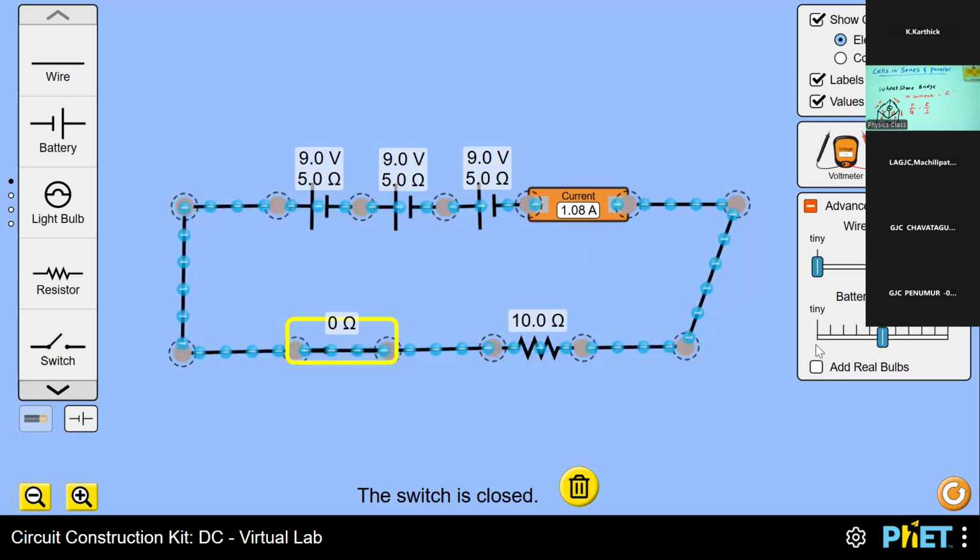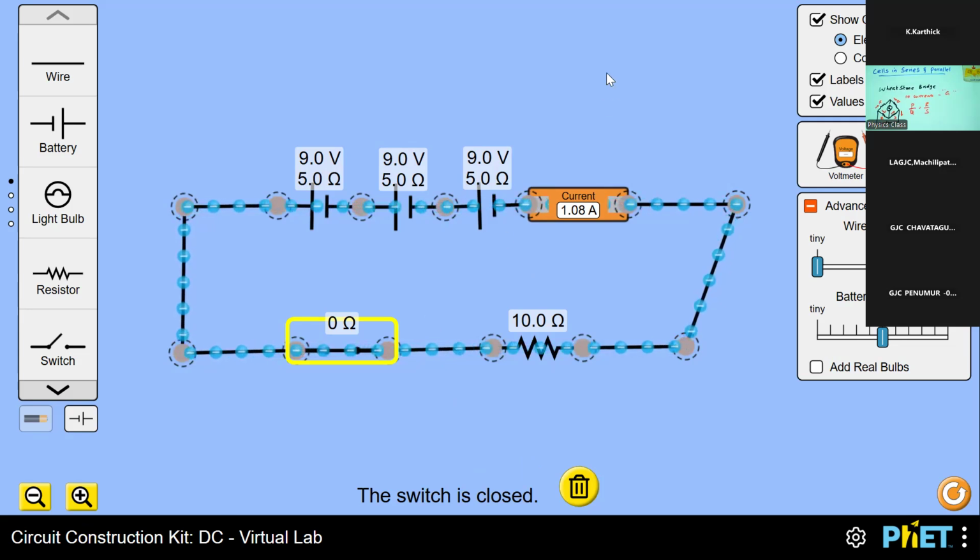So I is equal to total EMF, which here means 9 plus 9 plus 9, by total resistance, which means internal resistance plus external resistance. Internal resistance is 5 plus 5 plus 5, 15, and then 15 plus 10. That's why the value of current is changing.